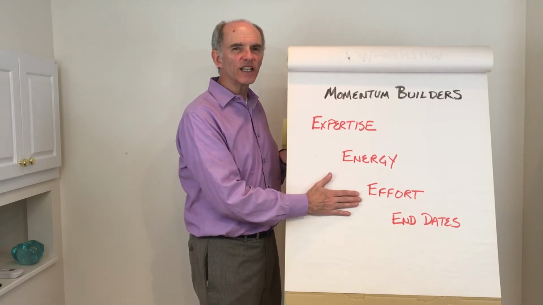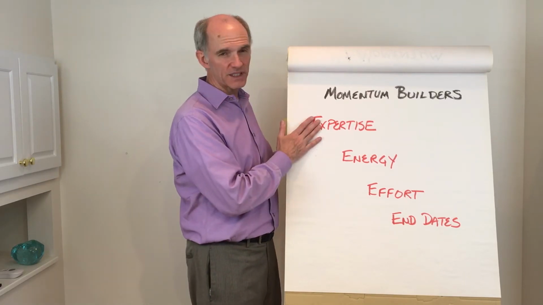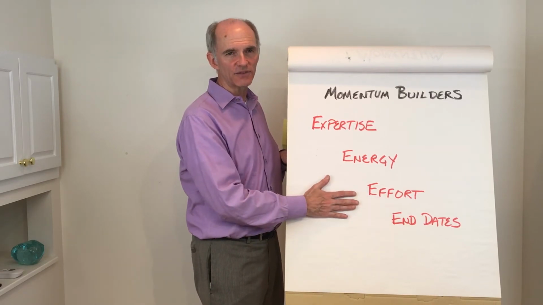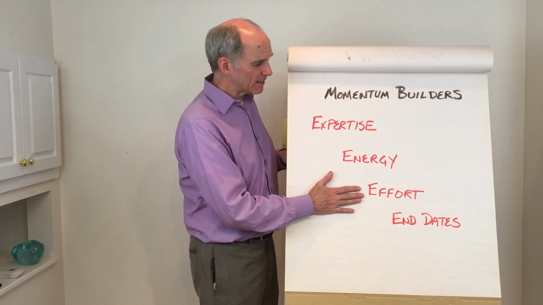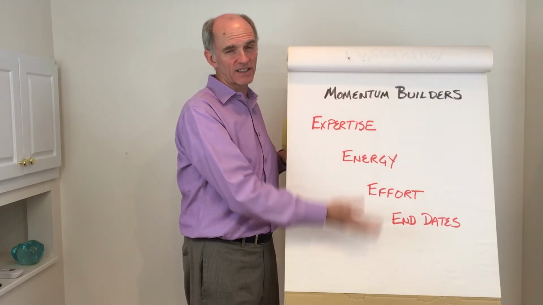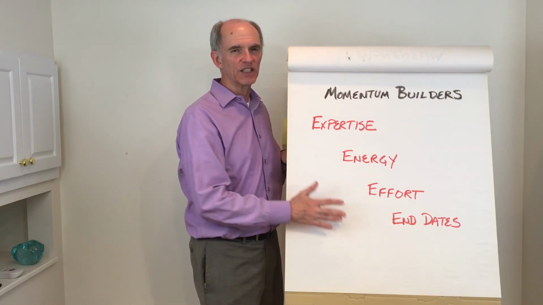And then, is the effort equally distributed across your teams? So it's not just the expertise, but do you have the effort spread across your team so that people aren't waiting for other people to get stuff done, and some teams aren't working at 200% capacity and some are working at 70% capacity? And then finally, looking at the end dates being strategically placed.